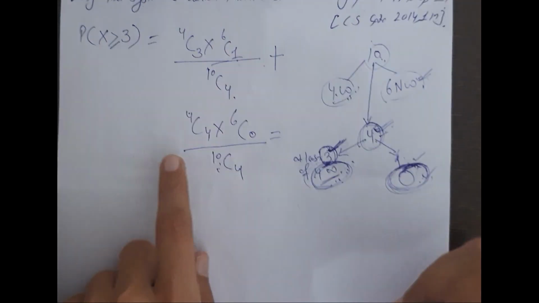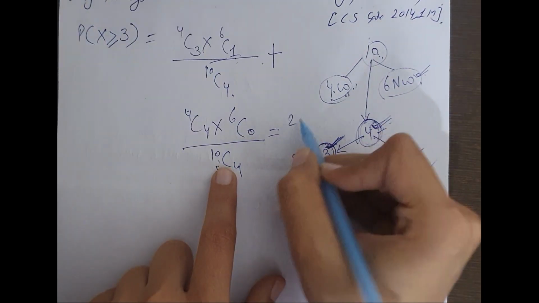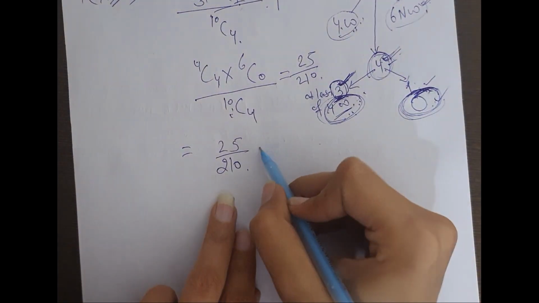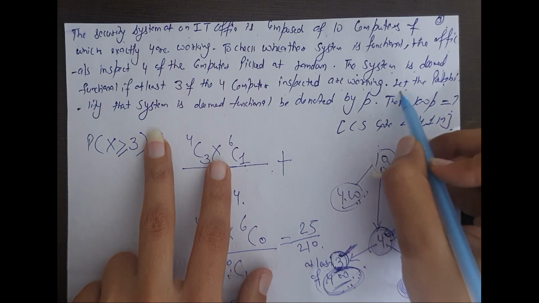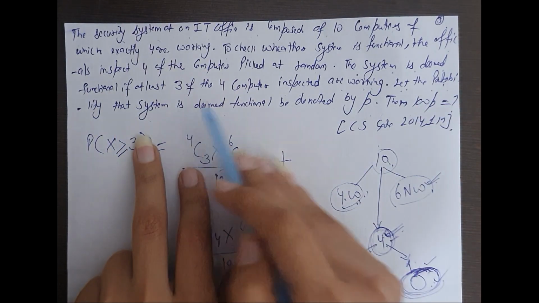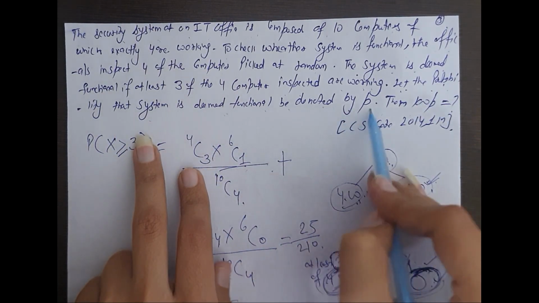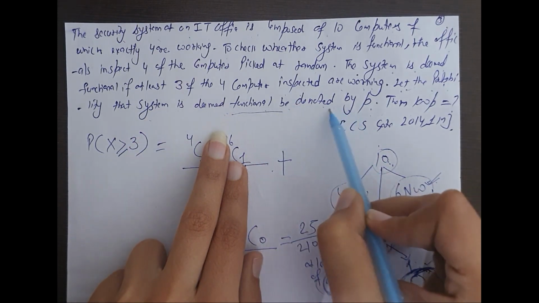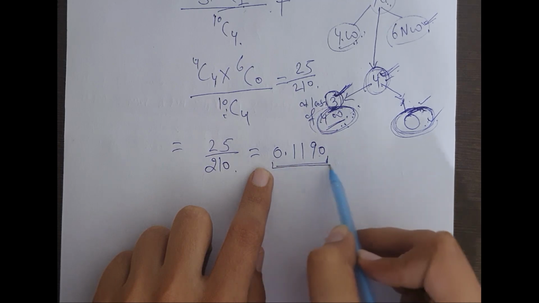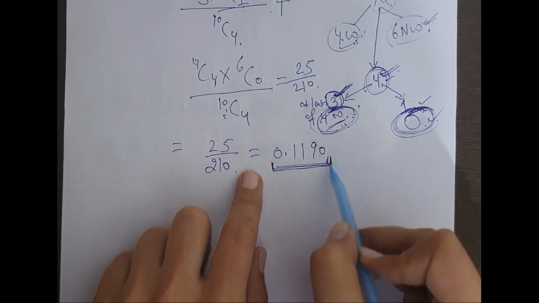Now solve it and the answer will come out to be 25 by 26 (the computed value). Now the question is, let the probability that the system being deemed functional be denoted by P. They are saying the probability that the system is functional is denoted by P. It means that this is the probability that the system is working.